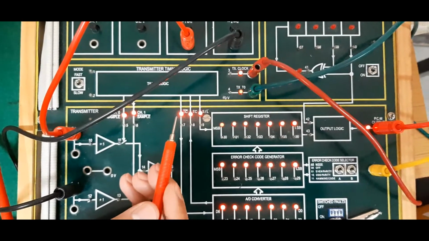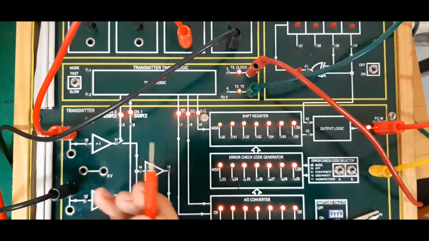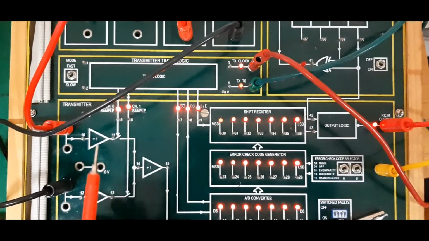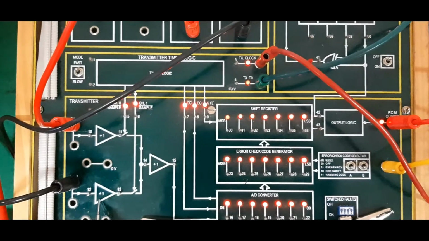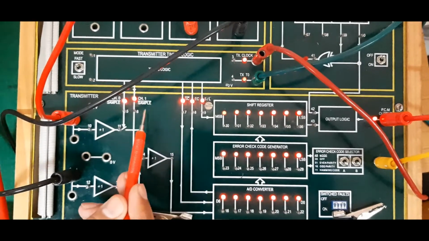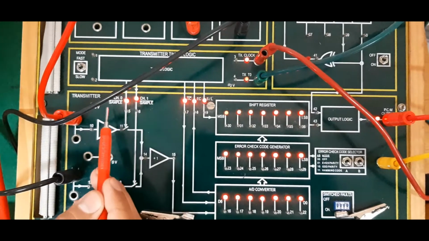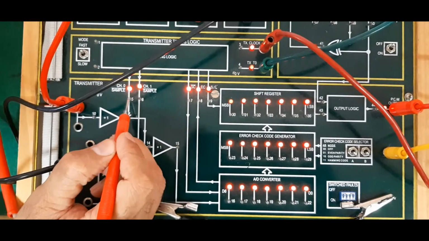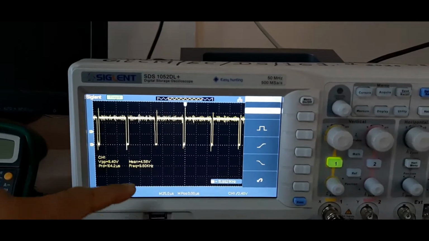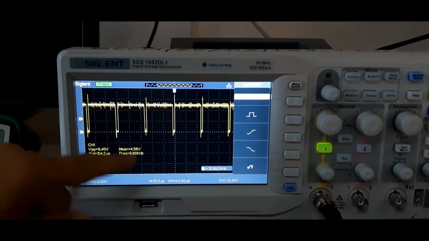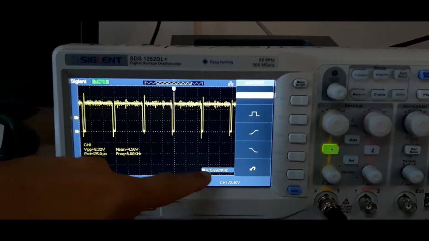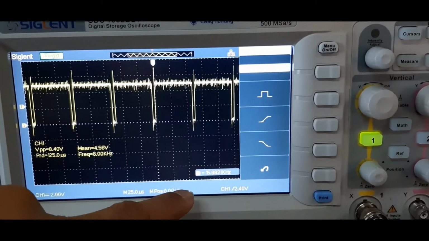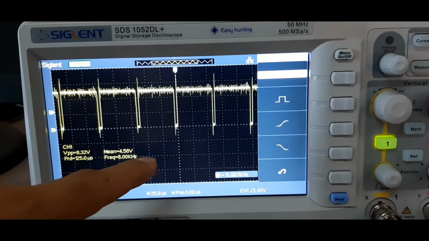This 16 kilohertz output is used as a sampling signal, which alternately samples the upper and lower channel, marked as channel 0 and channel 1, which are active low signals, which we will see now. As you can see, the negative going pulses at the rate of 16 kilohertz. The same can also be observed for the second channel.